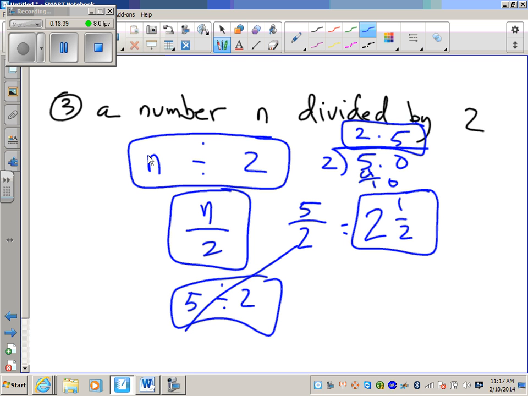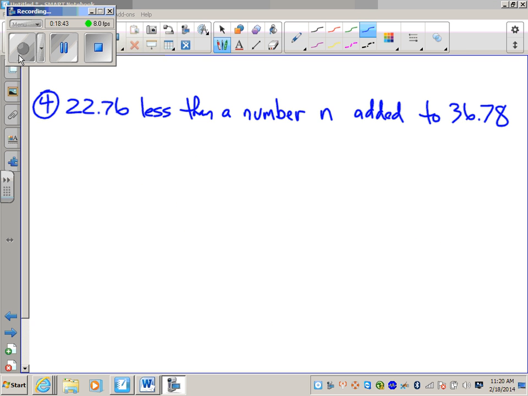Number 4. Try number 4. Just kind of check and see where you are. Some of these are a matter of perspective. Okay? And you may have looked at it and said 22.76 less than a number n and stop there. Or you said 22.76 less than a number n added to 36.78.